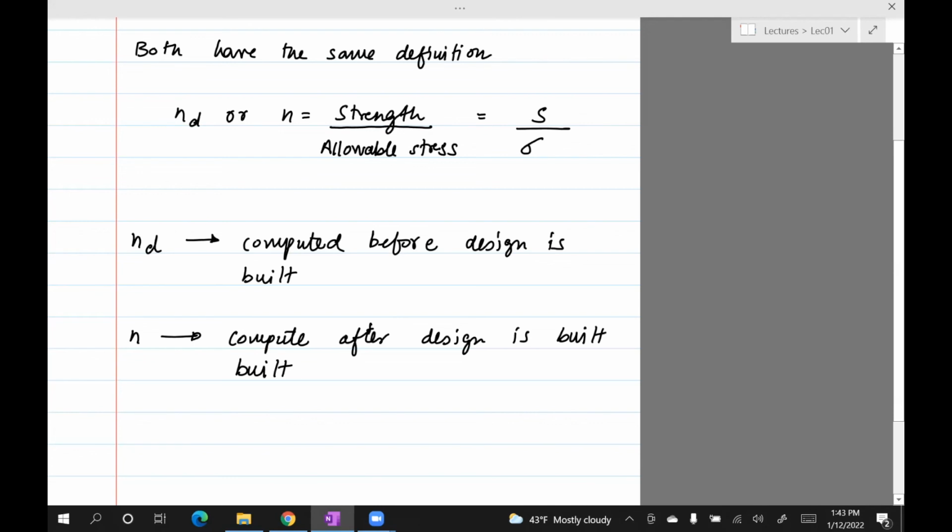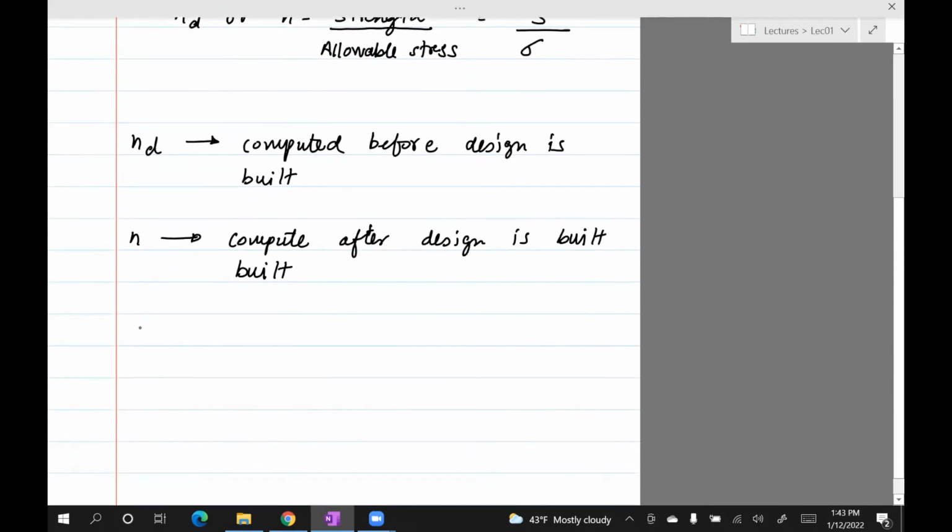When you compute ND, your calculation will tell you 53, but when you actually use that in production, you'll use a 55 shaft. When you use that shaft in the calculation, you'll find that the factor N will change. It will be the factor of safety, and that will be different from ND. So standardization is the reason why N is not the same as ND.